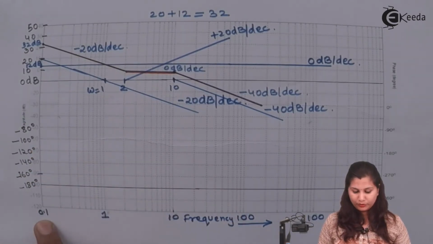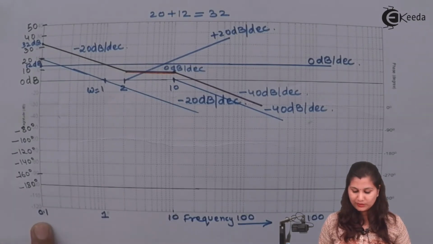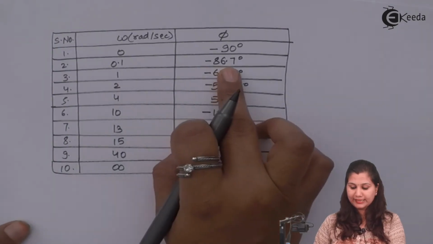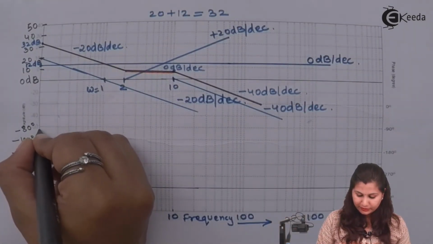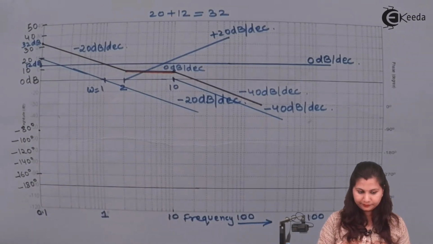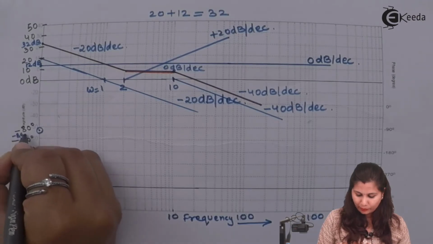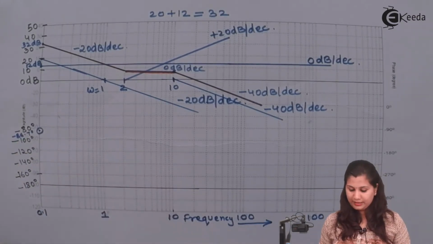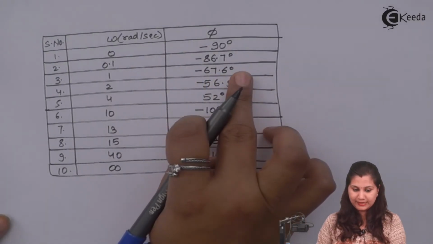So for omega equals 0, we have minus 90 degrees. For omega equals 0.1, we have minus 86.7 degrees. So minus 86.7 will be here. Then for omega equals 1, we have minus 67.6 degrees.